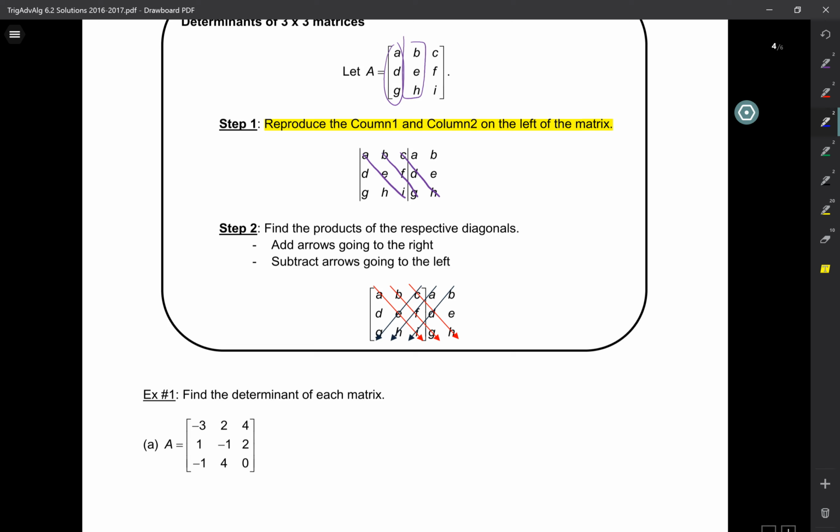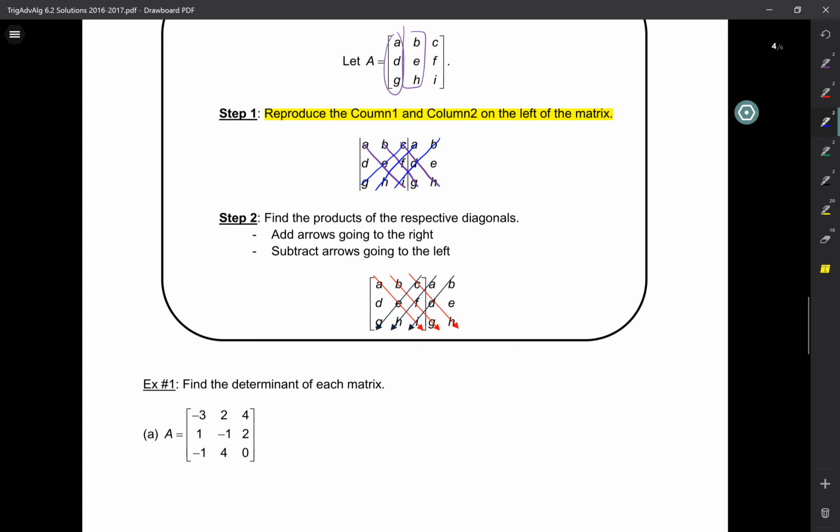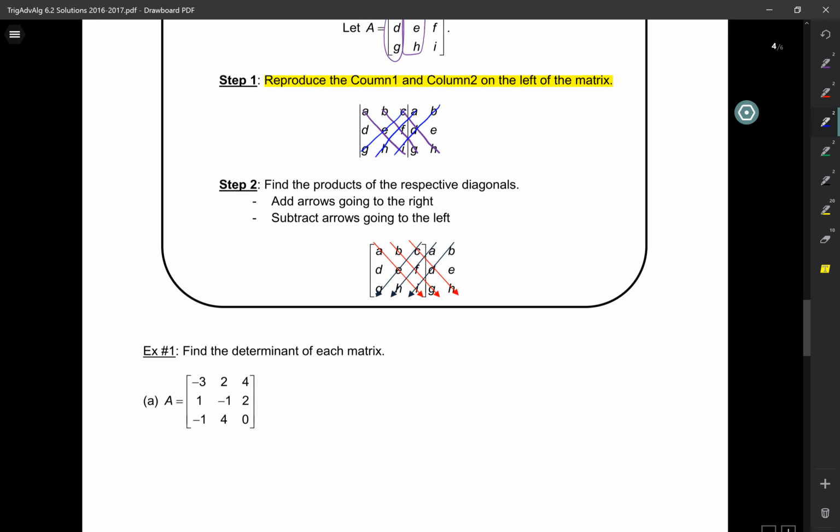And then you do the same thing this way. 1, 2, 3. So it's going to be a crisscross. You're going to have 6 total diagonals. And on each diagonal, you multiply each of the terms. Now, look down here. You have arrows going to the right. There are 1, 2, 3 arrows going from left to right.